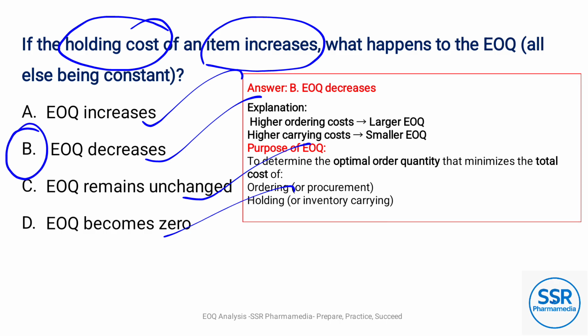So option B is the correct answer. Higher ordering cost, larger EOQ. Higher carrying cost, smaller EOQ. The purpose of EOQ is to determine the optimum order quantity that minimizes the total cost of ordering and holding cost.